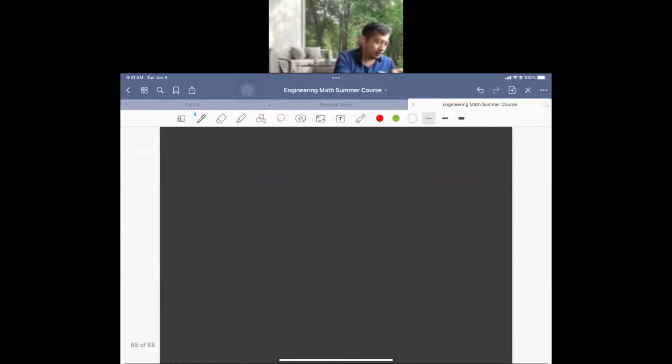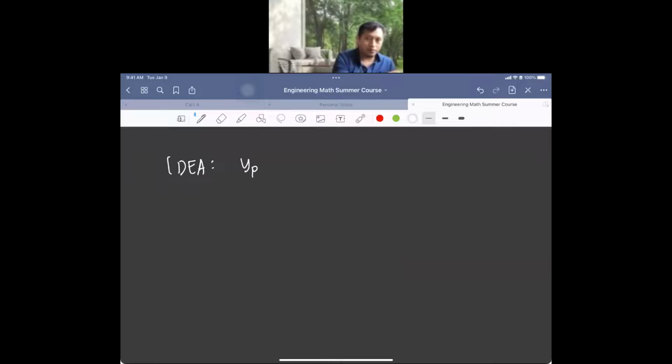So the idea is taking the particular solution as some unique functions, let's say it's u1(x) y1(x) plus u2(x) y2(x).